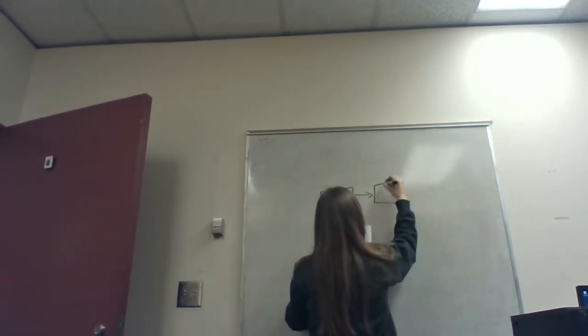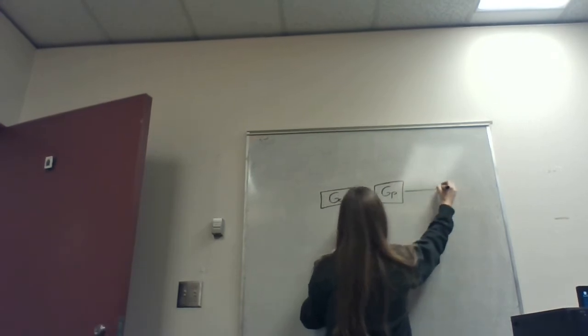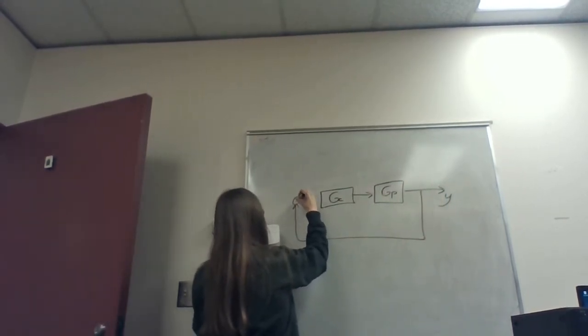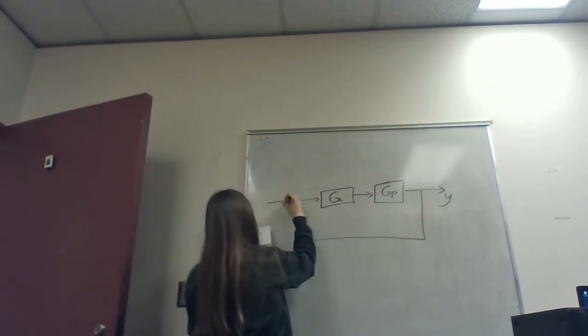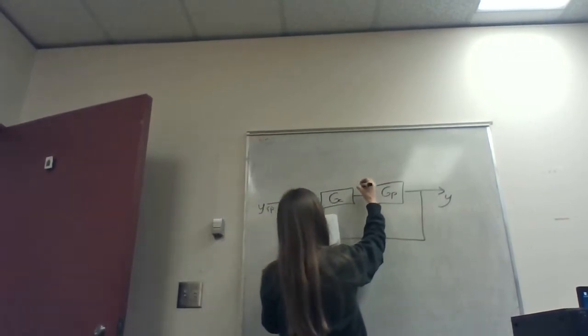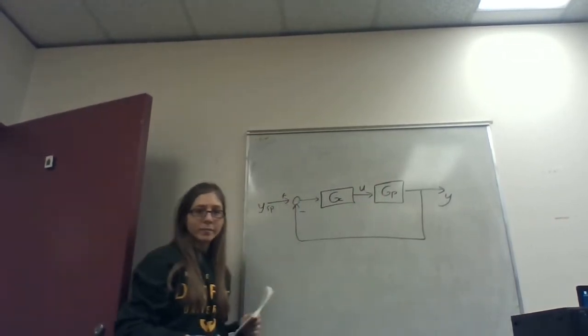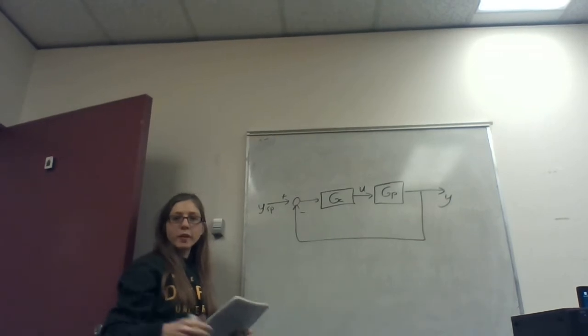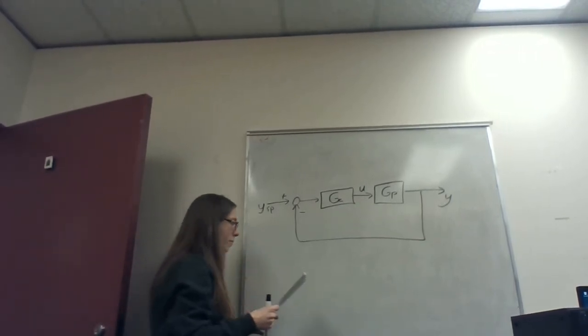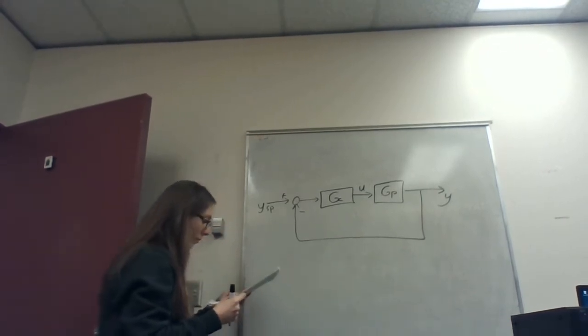Some block diagram, the controller transfer function, the process transfer function, the output, the set point, and then here's the input. That look familiar? Yeah. Cool. So this is a feedback control loop.